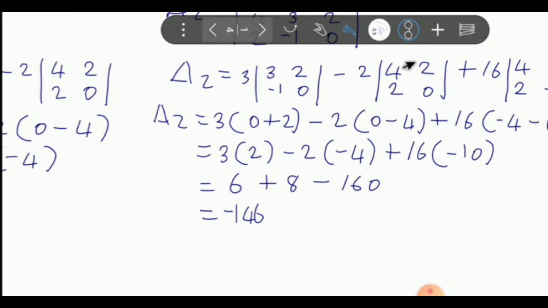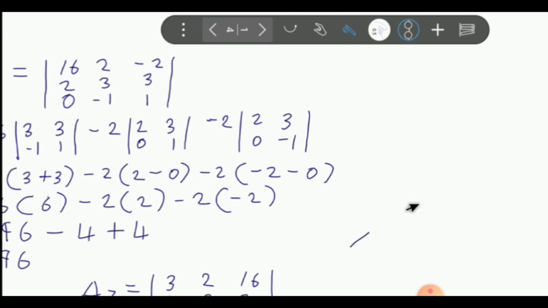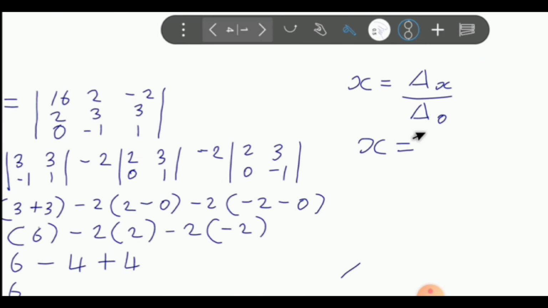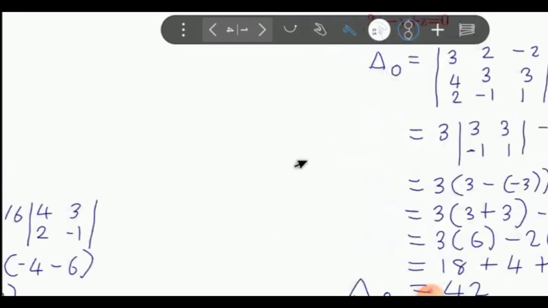I will look for the value of x. To get the value of x is equal to change in x over change in naught, whereby change in x is 96, then change in naught is 42.